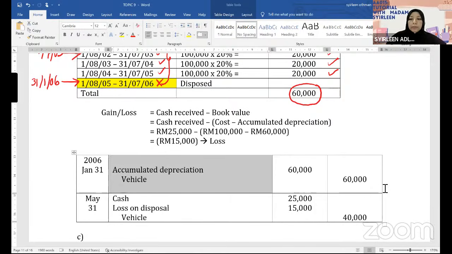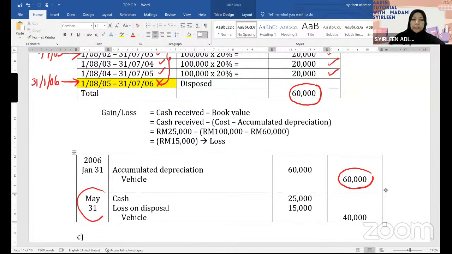Kalau you tutup terus dekat sini, you tak boleh declare you dapat gain ataupun loss ya. Sebab you hanya akan dapat compensation on 31st of May. So when you receive the insurance money, you terima 20,000, masa tu baru kita boleh tutup balance asset tadi.